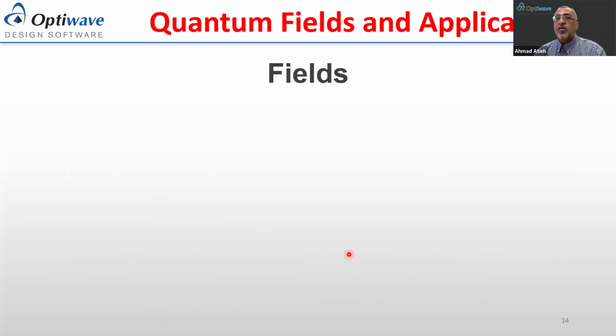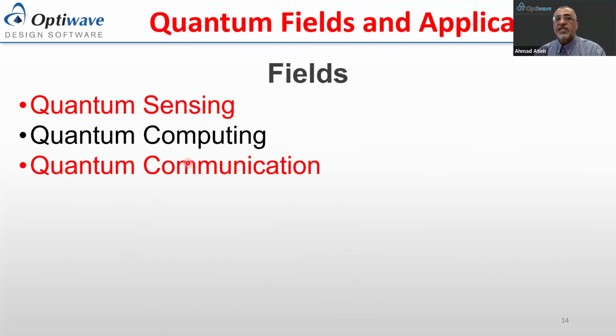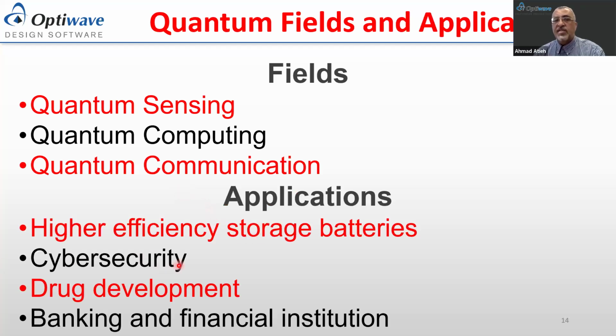Application and fields for quantum, so you can have quantum sensing, quantum computing, quantum communication as a field of interest. As well, you can have different applications including high efficiency storage batteries, cybersecurity, drug development, banking, and financial institutions.